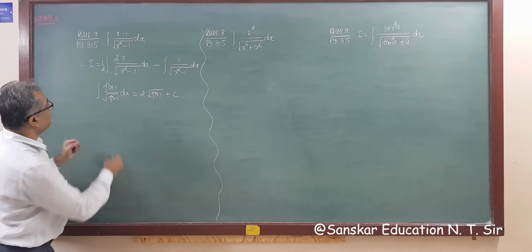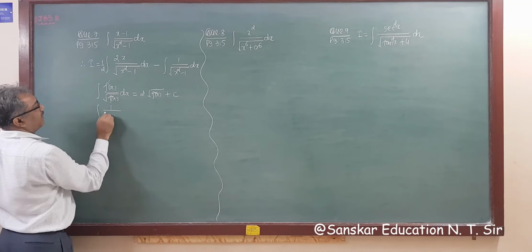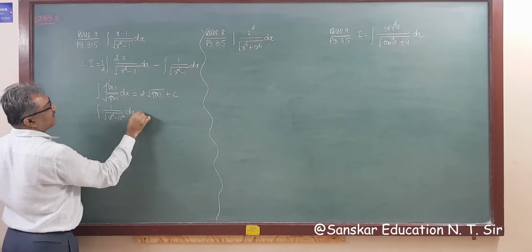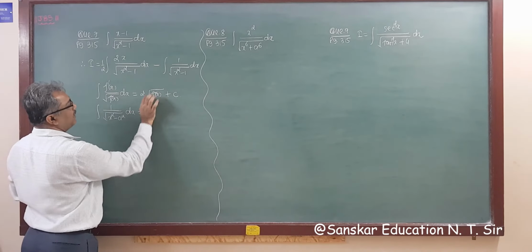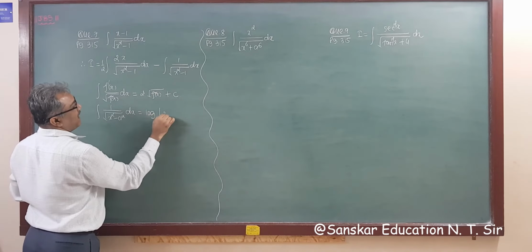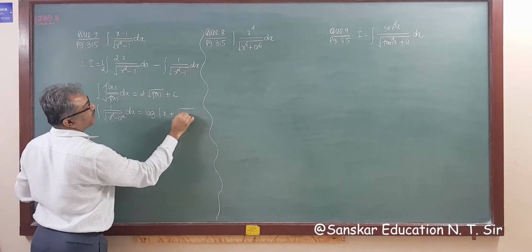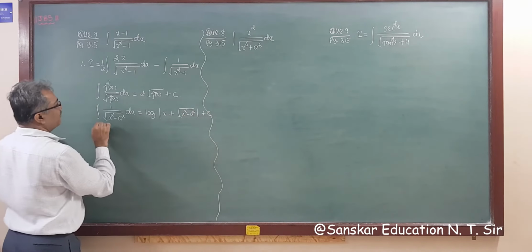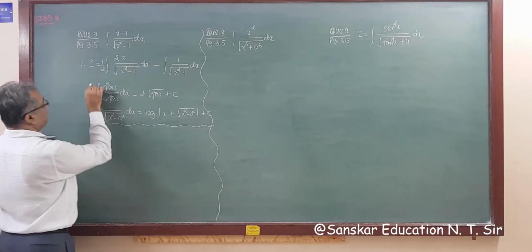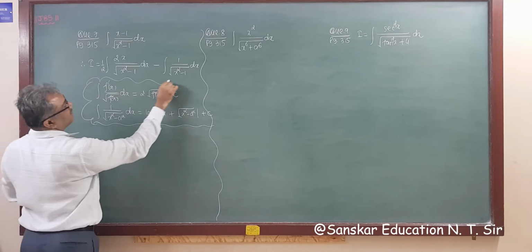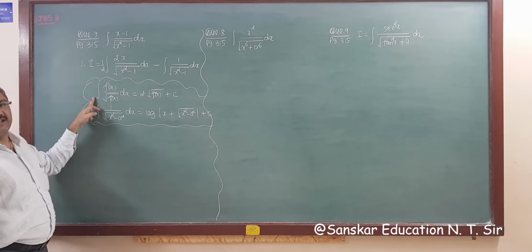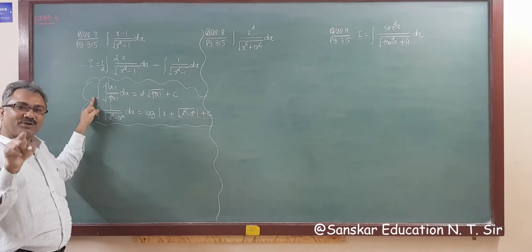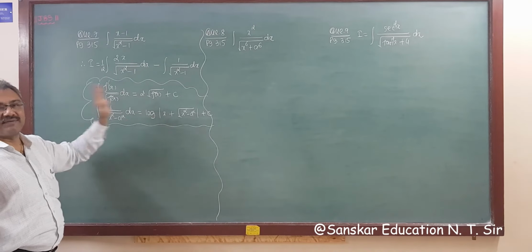And this is the formula: 1 upon under root x square minus a square dx is log mod x plus under root x square minus a square plus c. Applying these two formulas, this is very important: if the derivative of the denominator is in the numerator and the denominator is in root, then the answer is 2 root of f x.